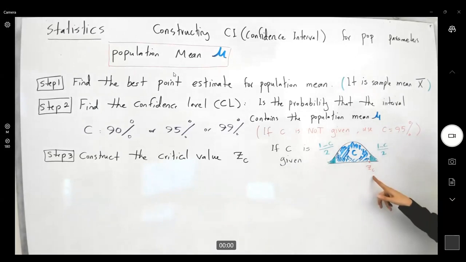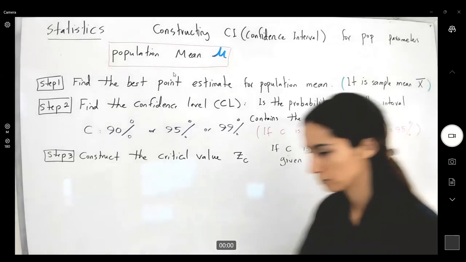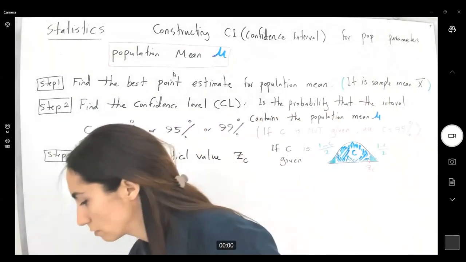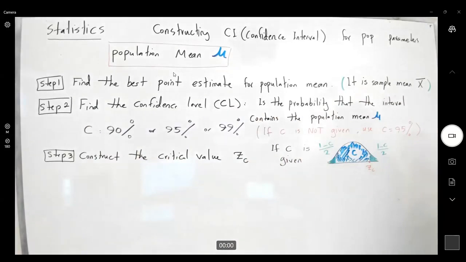To find ZC, you can easily use your calculator. To find Z sub C, go to second, go to vars, and then go to inverse norm.